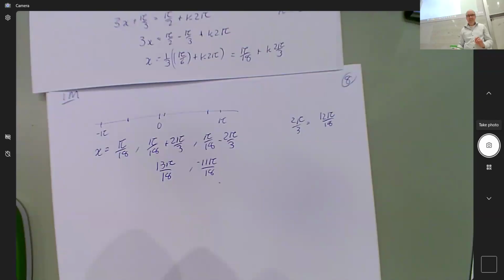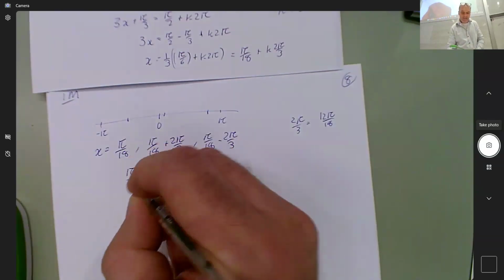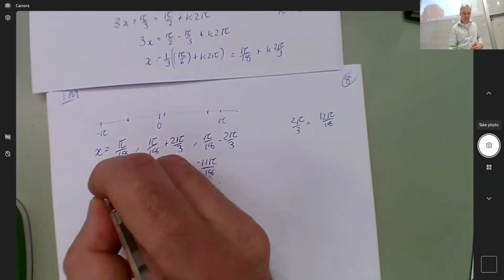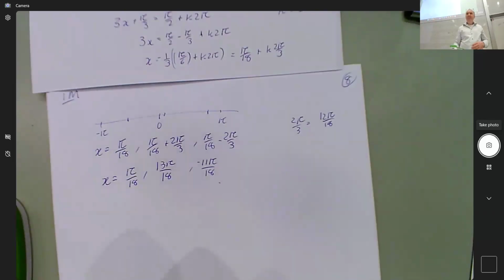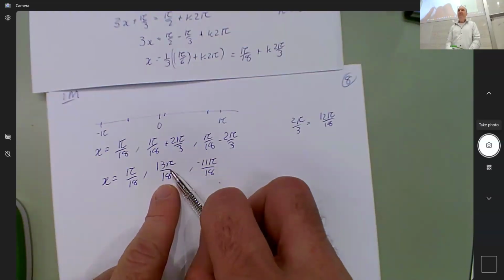So I create the common denominator for my values. That's all I've done, but I've realized I've just done it in my head, so that's not very helpful for you. And I've got my values, and they're my 3 answers. If I added another 12 pi on 18 here, that would be 25 on 18.